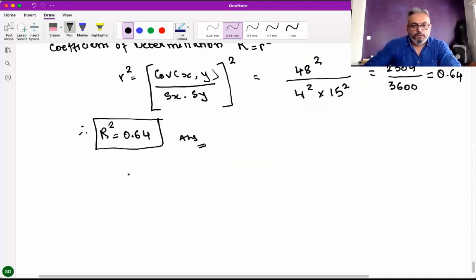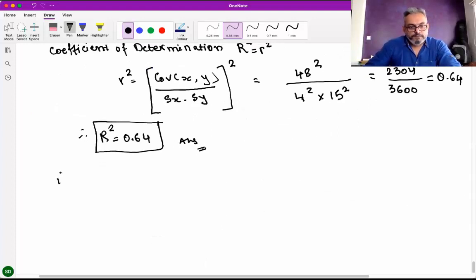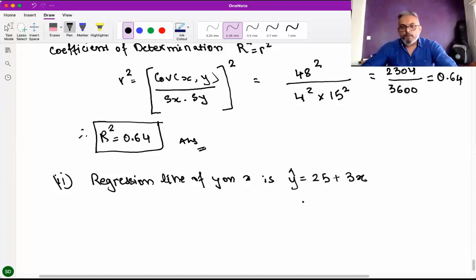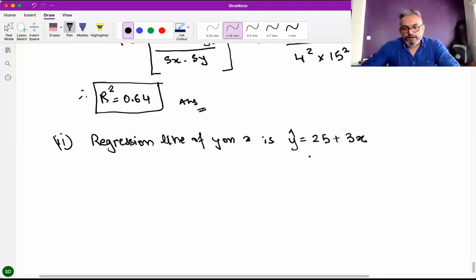Now regression line of y on x is y cap is equal to 25 plus 3x. Now, let's understand this first. So we have y, which is 25 plus 3x.